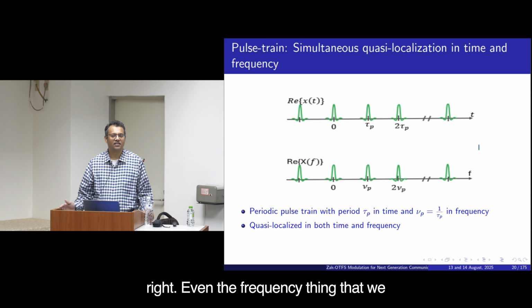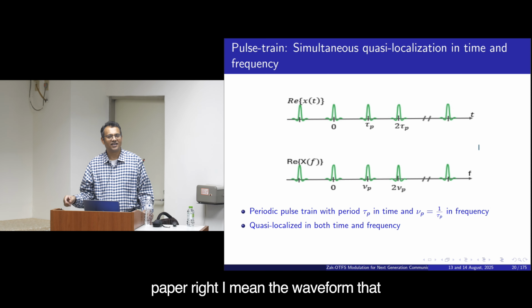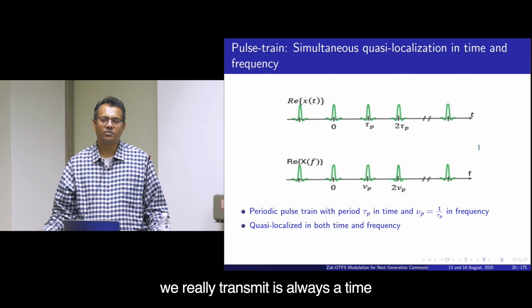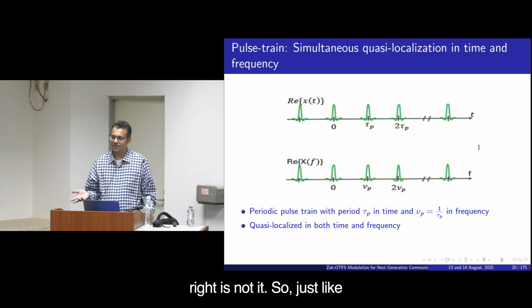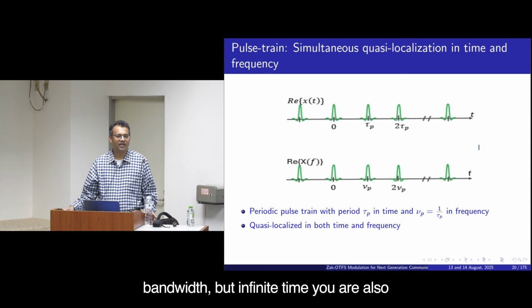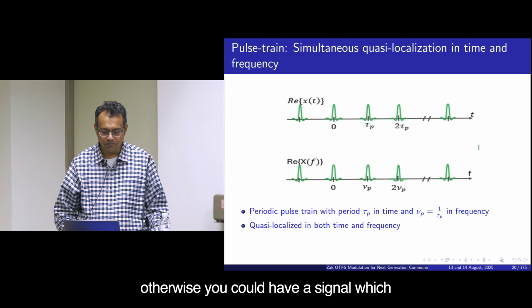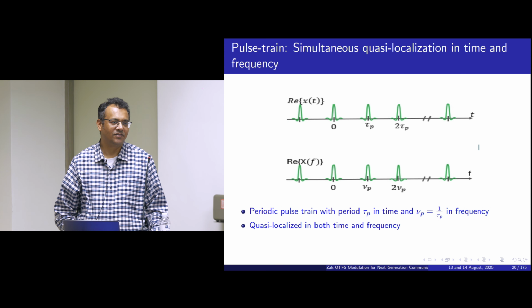Even the frequency thing that we think of is in our mind, in math, on paper. The waveform that we really transmit is always a time domain representation of all these other representations. Just like I gave you this example, you could have a signal which has finite bandwidth but infinite time, or otherwise you could have a signal which has finite time and infinite bandwidth.